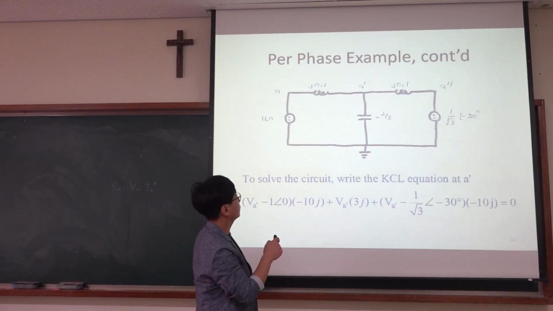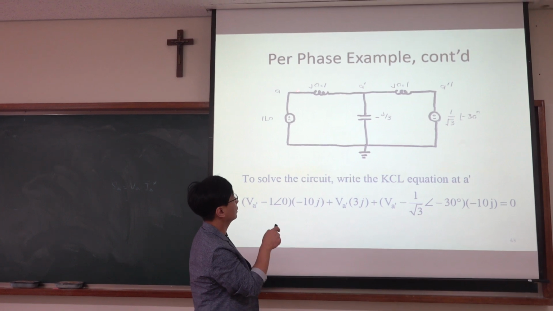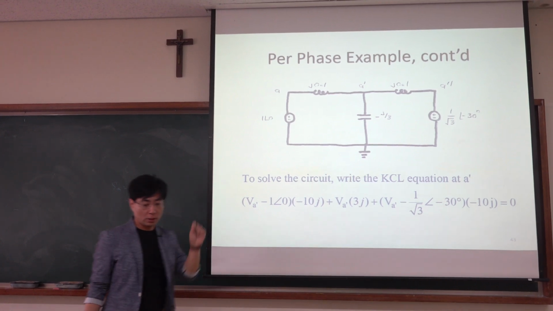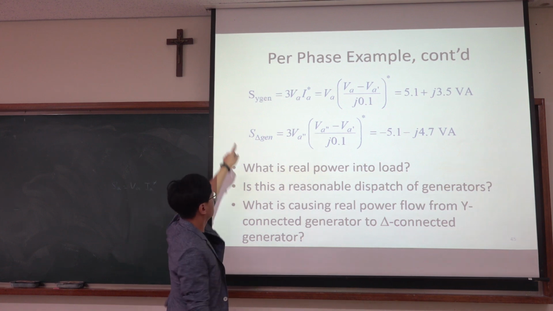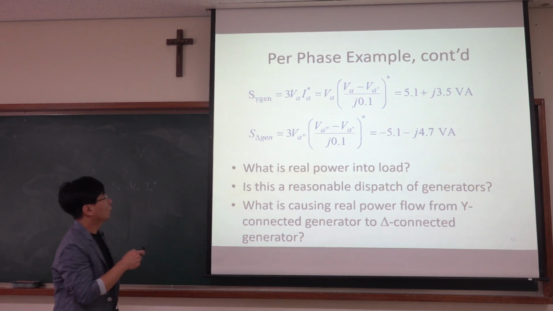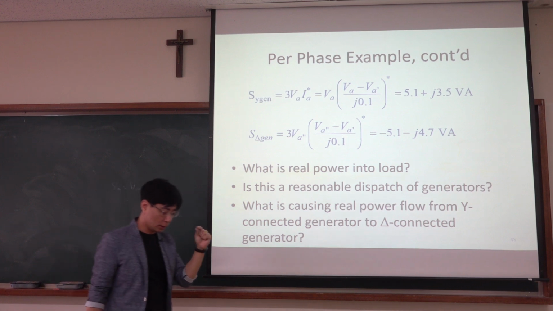Here, we know this voltage and this voltage, so we can compute the current. Then V I conjugate can be computed. That is denoted by S Y gen, the Y connected generator.